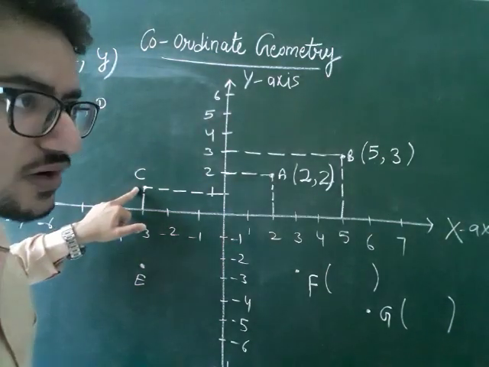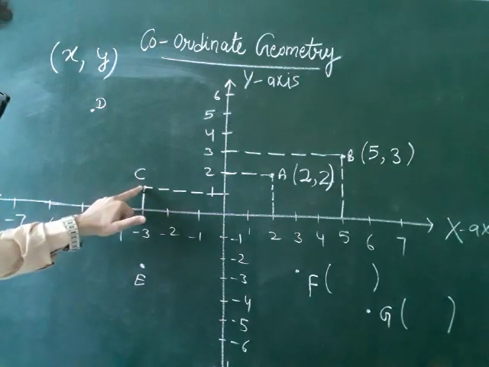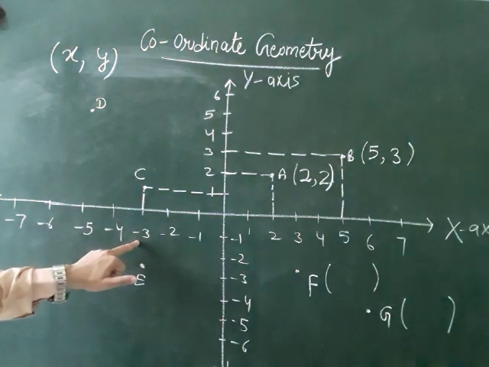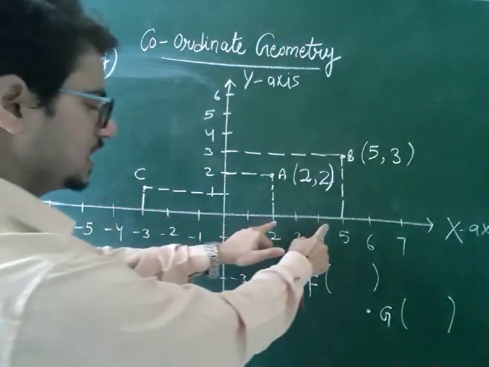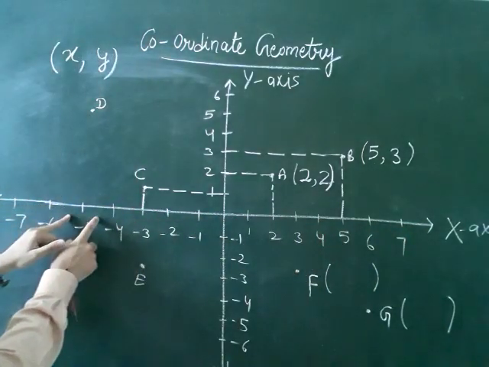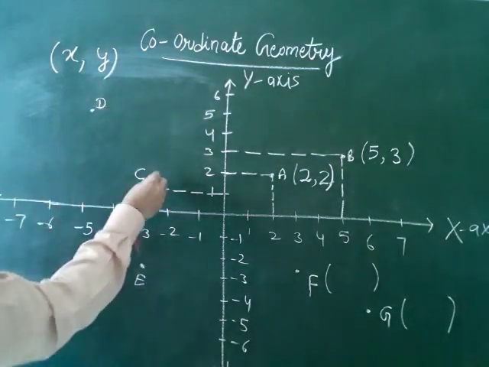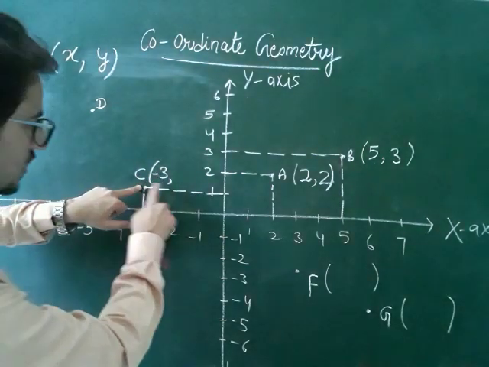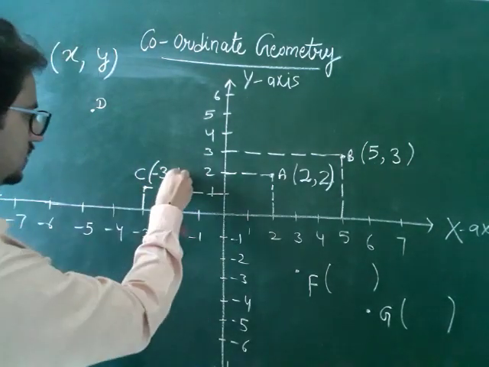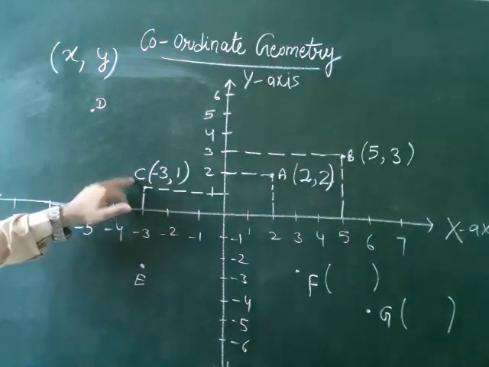So we will read out the value of x first here, and x is minus 3. This is your complete x-axis, positive direction of x-axis, negative direction of x-axis, and here x is minus 3. So we will write here minus 3, comma, read out the value of y, plus 1. So minus 3, 1 is the coordinate of C.